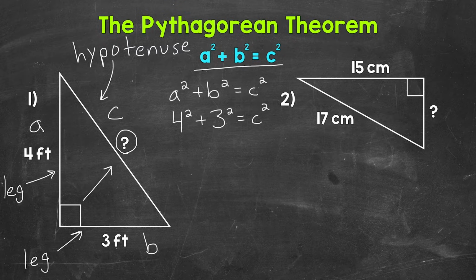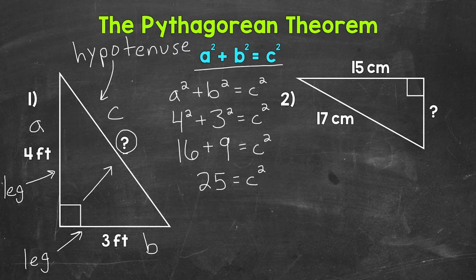Let's start with the left side of the equation, so 4 squared plus 3 squared. 4 squared means 4 times 4, so that gives us 16. Plus 3 squared, that means 3 times 3. That gives us 9, equals c squared. 16 plus 9, that equals 25, equals c squared.